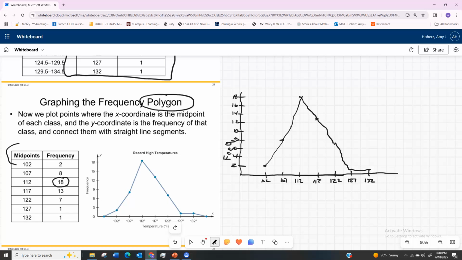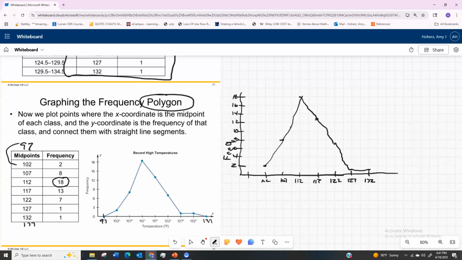And so what we do, and I don't like that they don't mark this, I'm going to mark it on theirs. This should be marked 97, and the same thing up here, this should be marked 137. So we go back 5 to the midpoint of the class before this that didn't really exist, which would have been 97. And then we go one more class that didn't exist to 137.